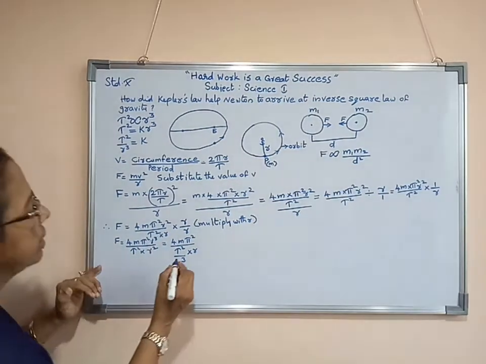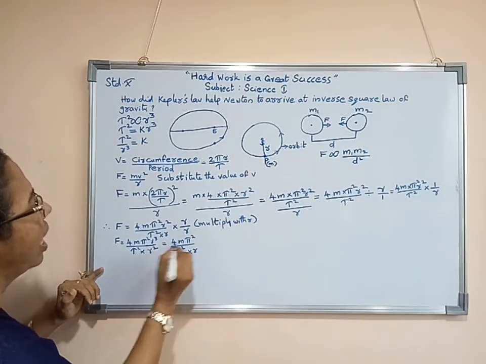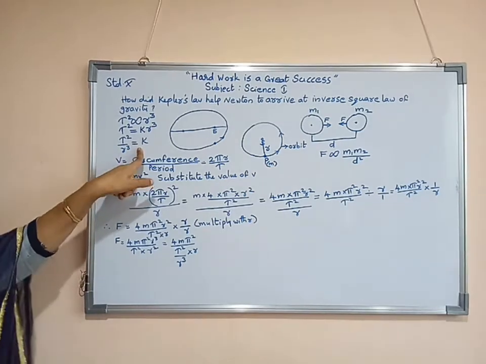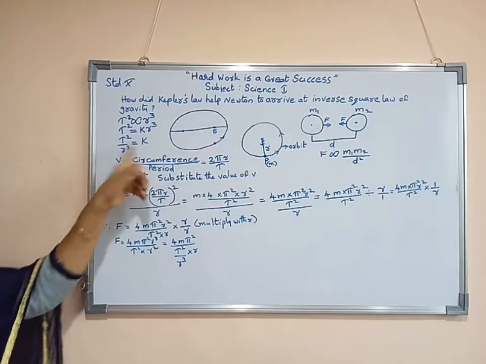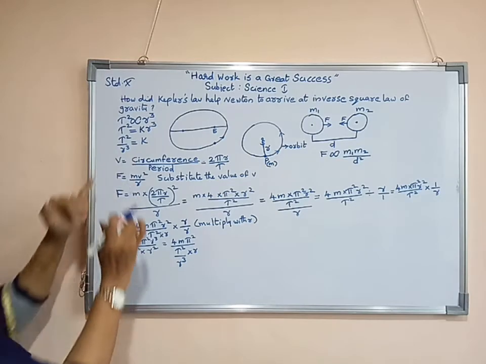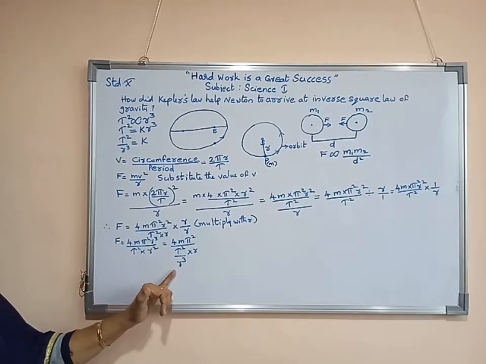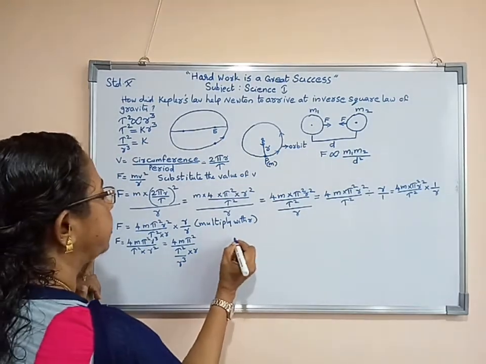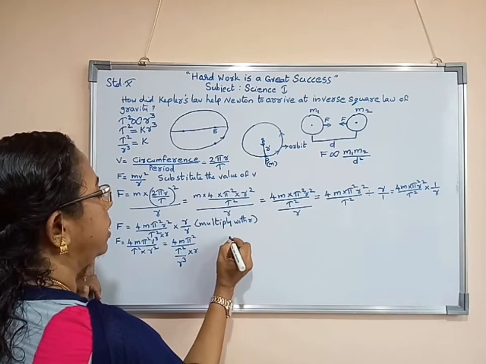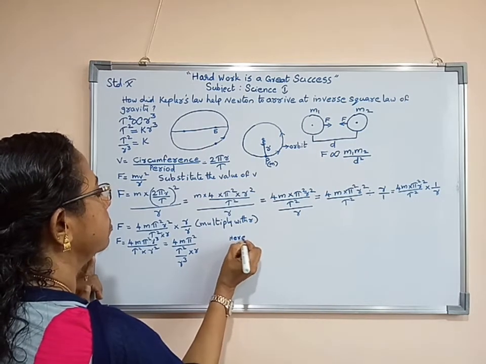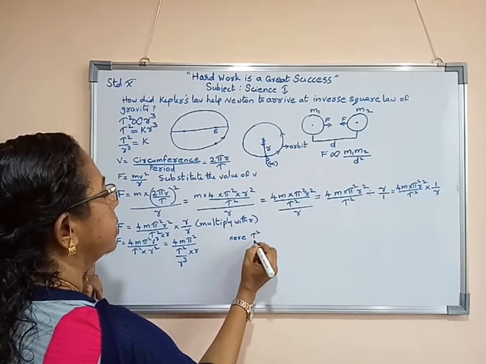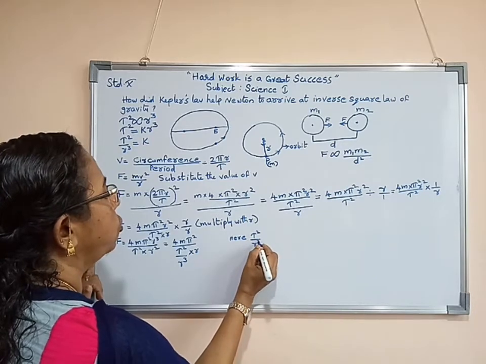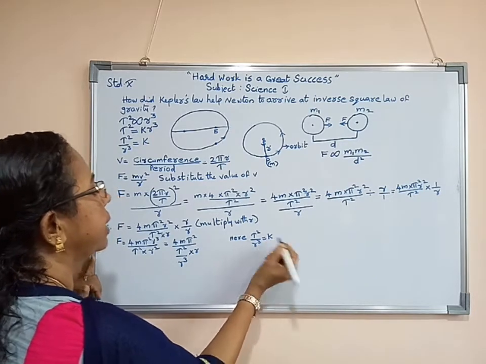Now listen children, t square upon r cube, same as Kepler's law we have got. So we can say that t square upon r cube is a constant. We can write t square upon r cube is equal to k.